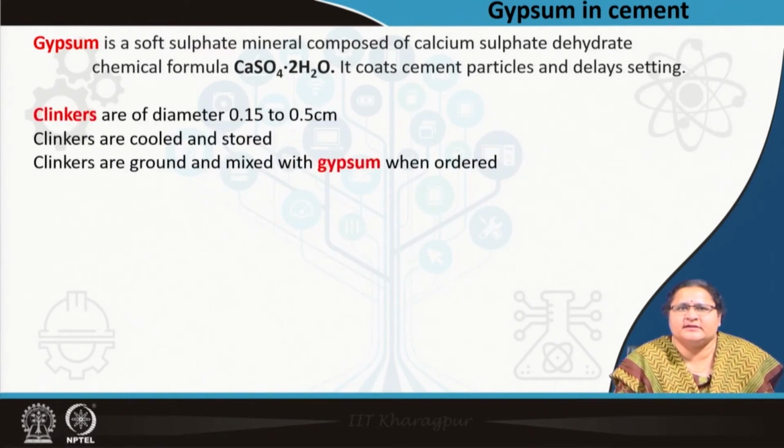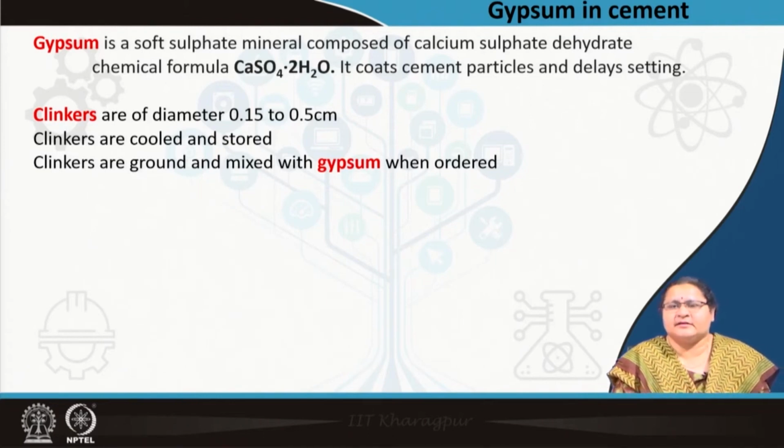So, clinkers, you see the diameter is written, they are cooled, clinkers are ground and they are mixed with gypsum when ordered. Ordered means ordered from the site, because once this powder is made, which is named as cement, which reaches the site, its life starts from then, and you cannot keep it on shelf for a longer period of time.